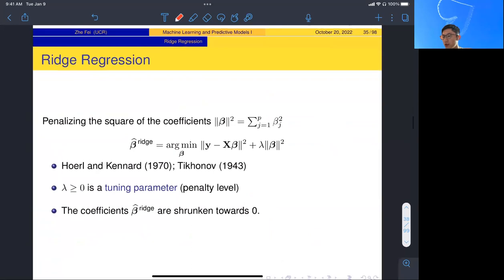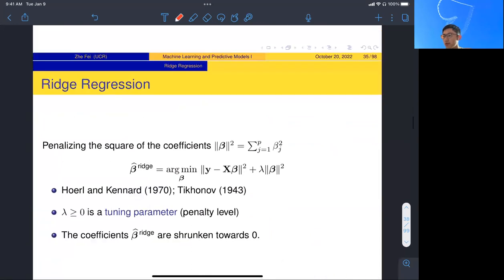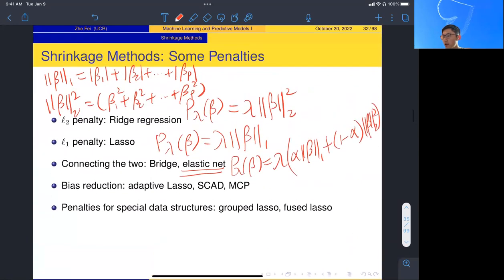Let me double check. Yes, it is beta squared. So for elastic net, that's the p lambda function, and alpha is between 0 and 1. Alpha equal to 0 corresponds to the ridge regression, and alpha equal to 1 corresponds to the lasso penalty.